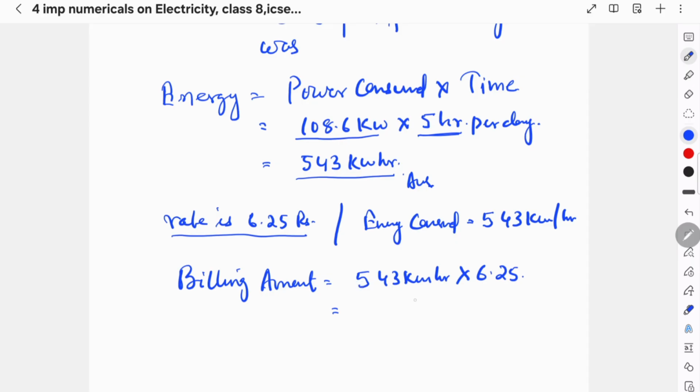So 543 into 6.25 will be the billing amount. So it will be 3393.75. The total billing amount is rupees 3393.75. So this is our final answer.